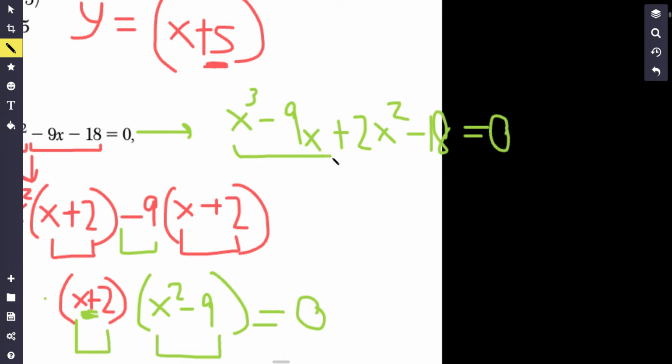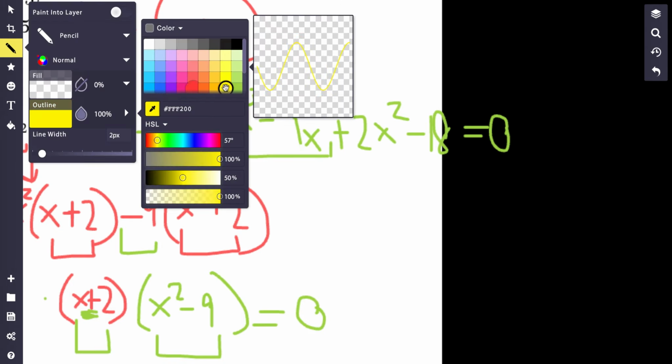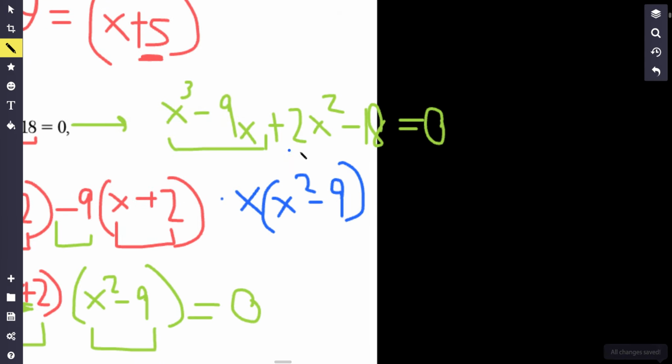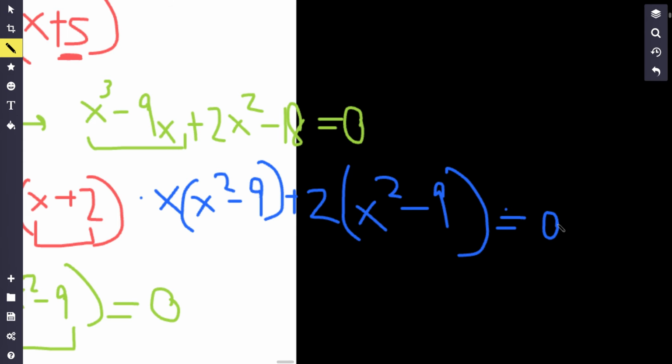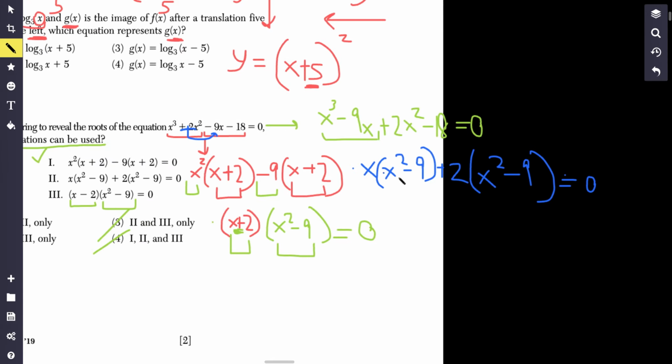Both of these terms right over here have a common factor of x, so I can factor that out. I'm just going to get x times x to the second power minus 9. For this part, I can factor out a 2, so I'm going to get plus 2, and then x squared minus 9 equal to 0. So notice how even though we changed the order of the middle terms, we can still factor this by grouping.